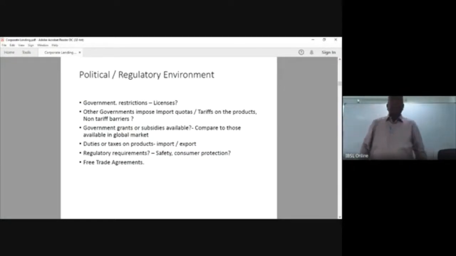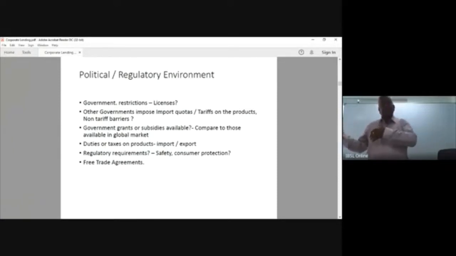Political and regulatory analysis. Here, you look at how the political situation or the regulatory measures in the country affect the business. Government: whether there are any restrictions for businesses, whether there are any licenses you have to obtain for certain businesses.